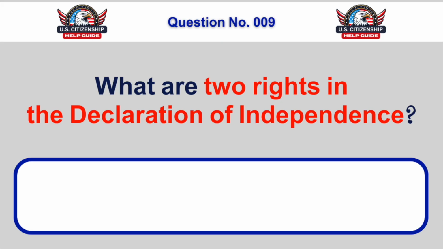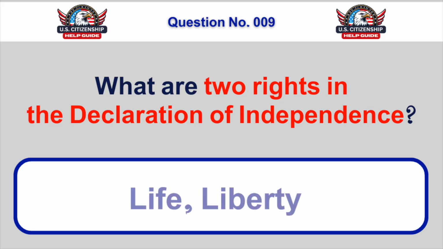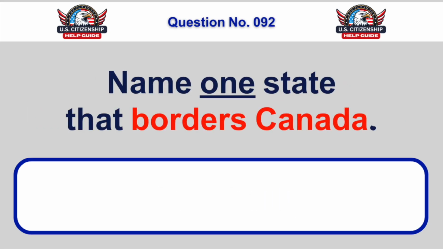What are two rights in the Declaration of Independence? Life, liberty. Name one state that borders Canada. New York.